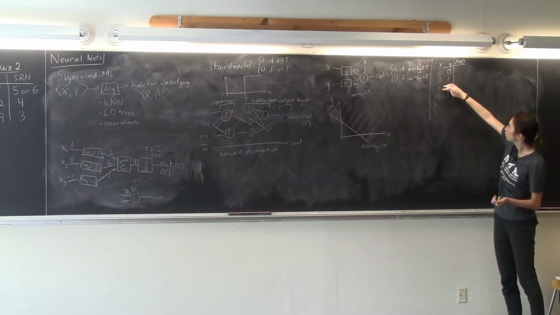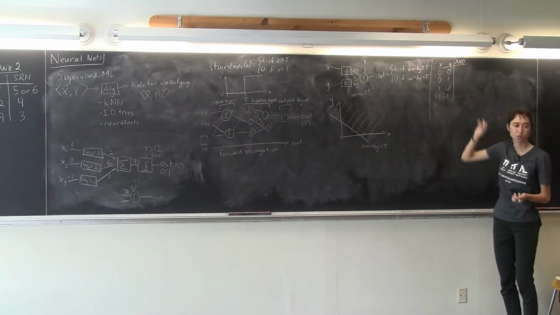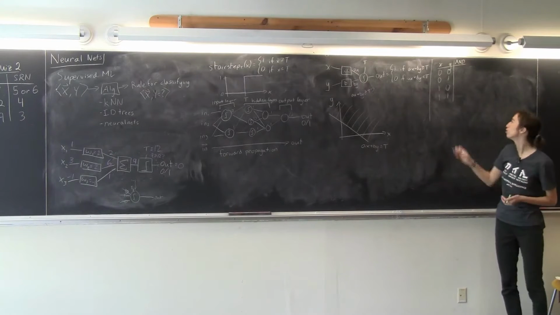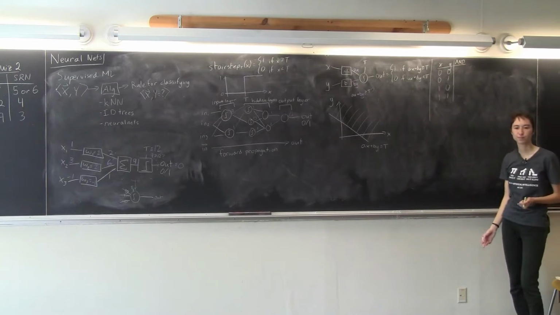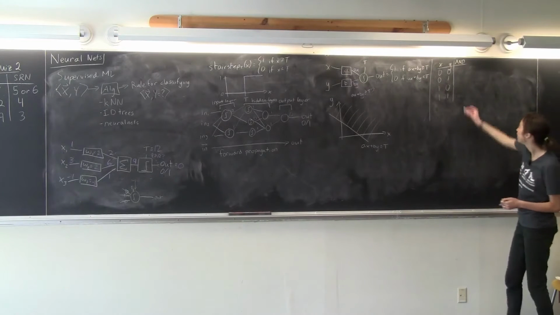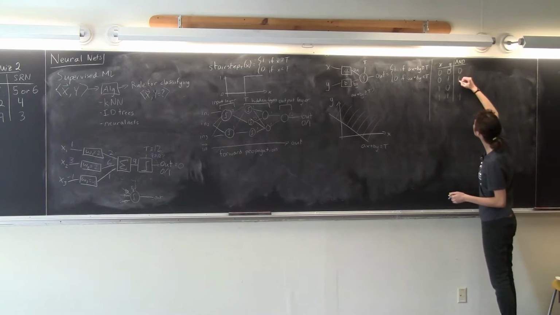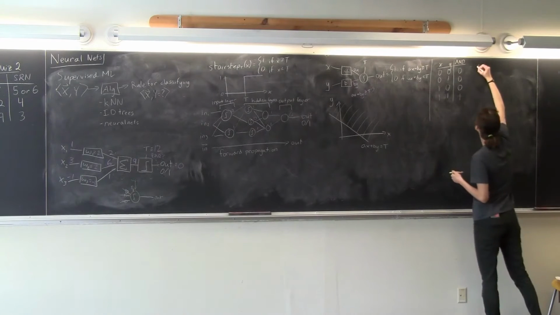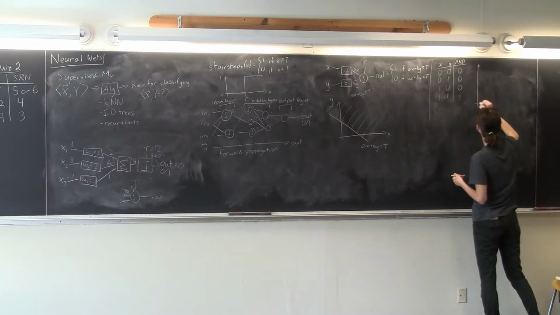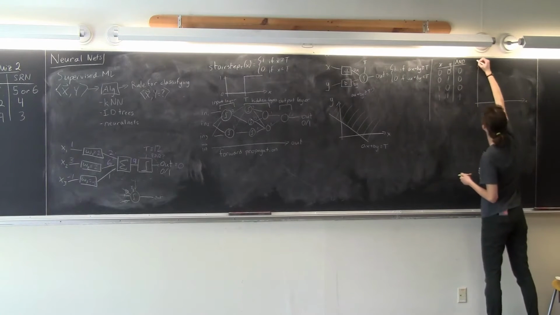So 0 means false, 1 means true, and AND is true only if both x and y are true. So what would the AND column look like? Yeah, only the last one is a 1, and those are all zeros. So now we could graph this where we have x and y.